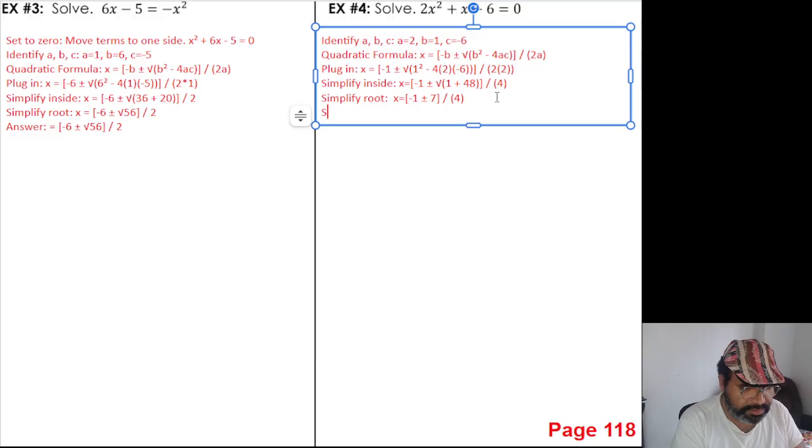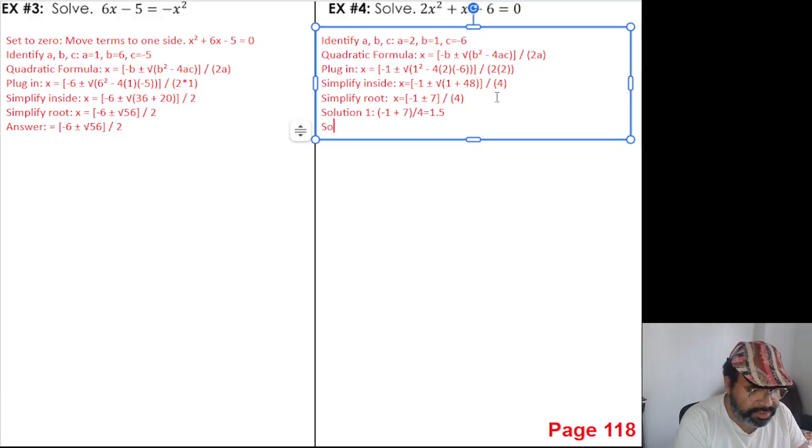Solution 1 is negative 1, I put it here in parentheses, negative 1 plus 7, divided by 4, close parentheses, divided by 4. It's going to be equal to 1.5.